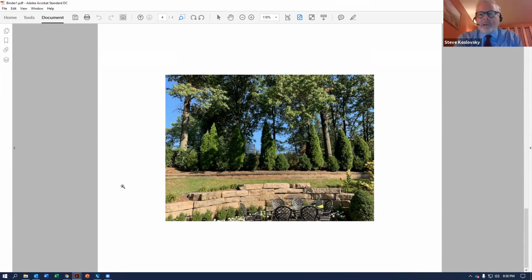Now, we would still be seeking a variance even if it were a 12-foot side yard setback requirement. But this gives you an idea of the situation, and one of the reasons that this property is unique: because it has this split lot situation and is subject to differing and sometimes conflicting regulations between the two jurisdictions.